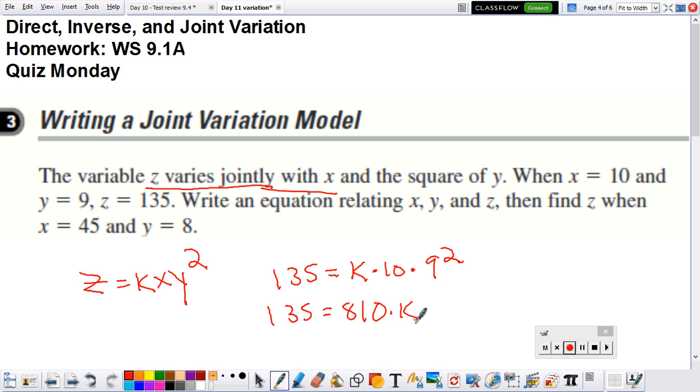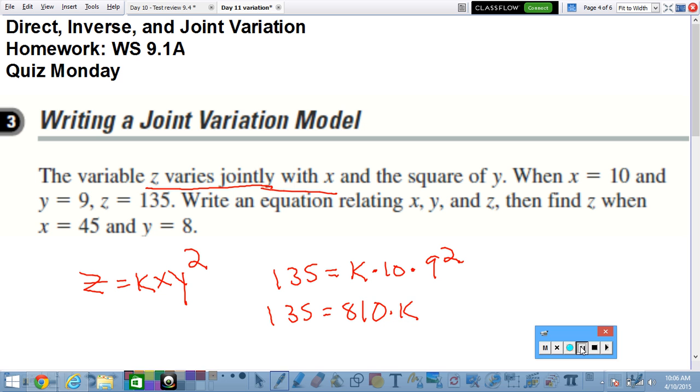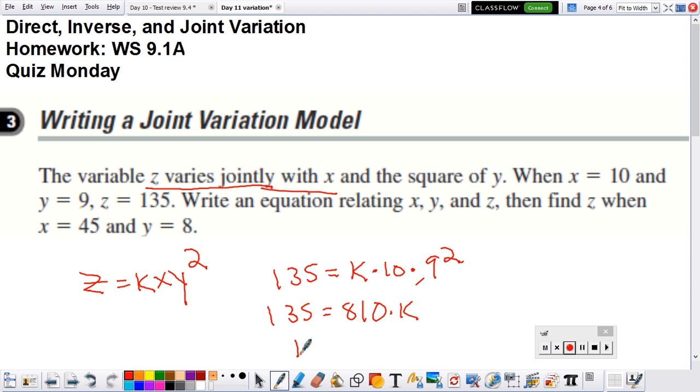So that's 1/6. All right, so now my equation is going to be z equals 1/6 xy squared. So I have the equation. It says find z when x is 45 and y is 8. So times 45 times 8 squared, I got 480.